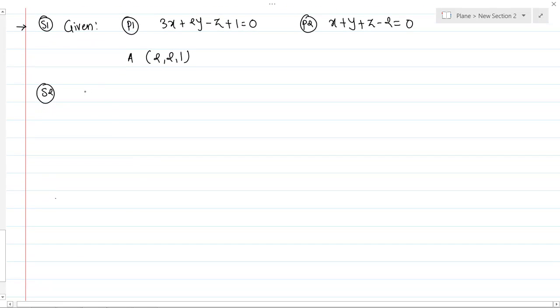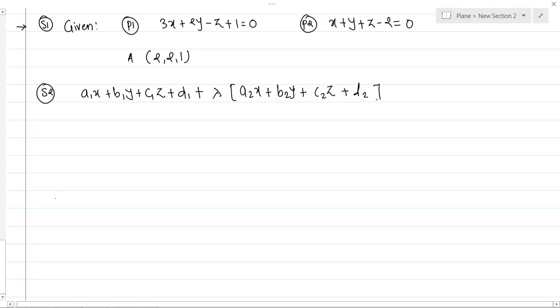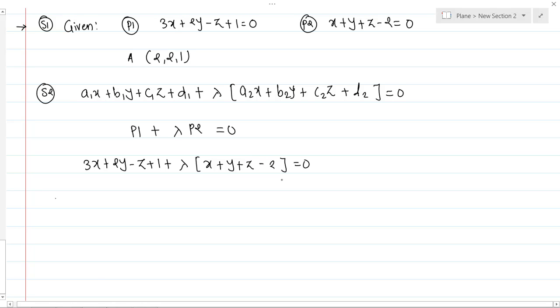That is nothing but a1x + b1y + c1z + d1 + lambda (a2x + b2y + c2z + d2) = 0. Okay, we don't need to write all this. We can write directly as P1 + lambda P2 = 0. Substitute the values of P1 and P2. So P1 is 3x + 2y - z + 1, plus lambda into P2, which is x + y + z - 2, equal to 0. That's it.